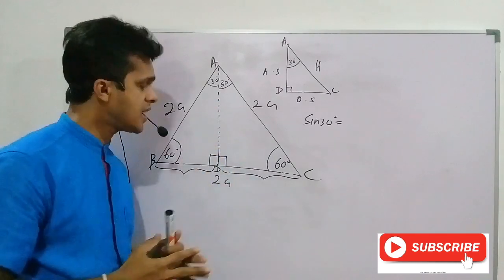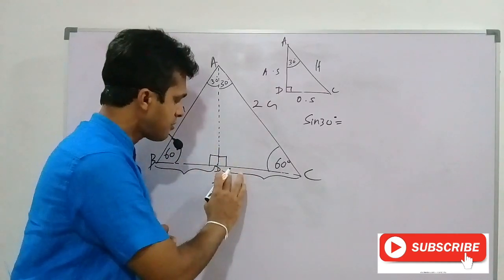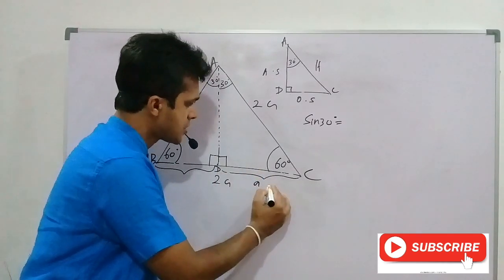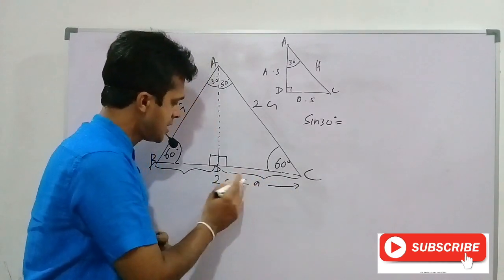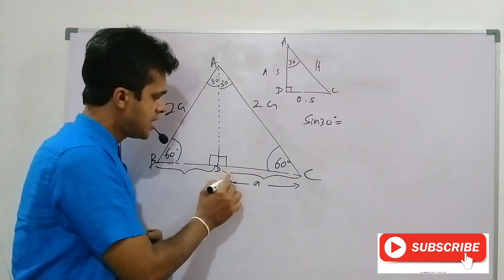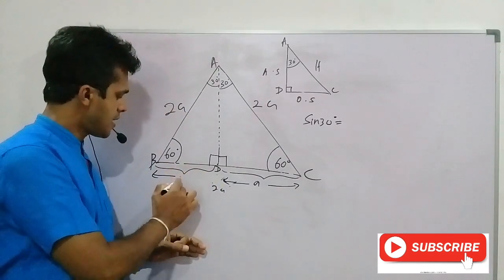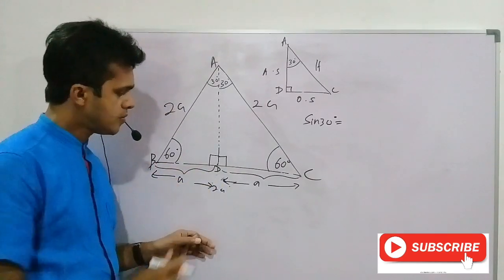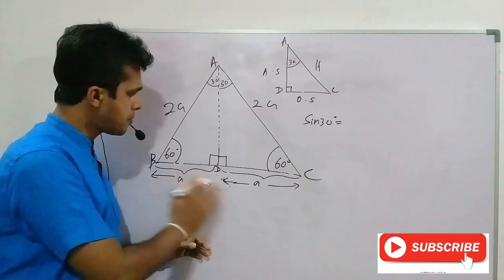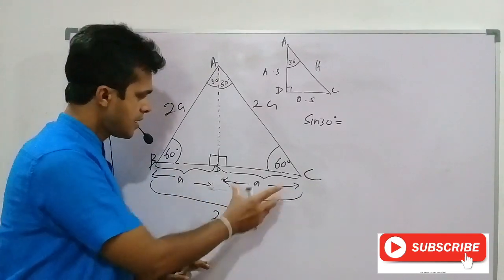Then the length of DC should be equal to a. This is a, this is a. DC equals a, BD equals a. So the length of BC is 2a.